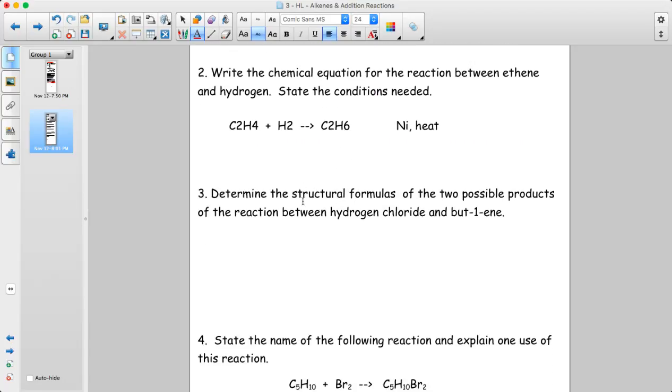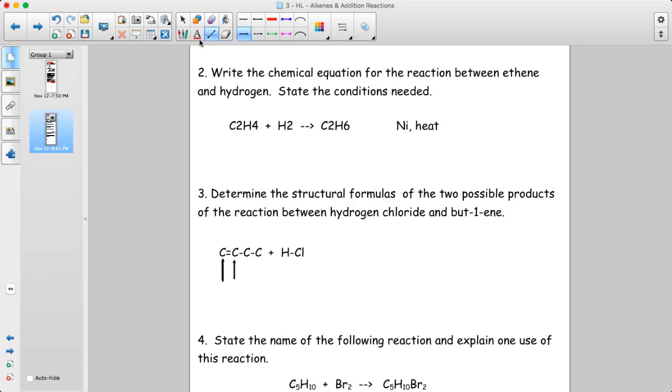Like in this one, determine the structural formulas of the 2 possible products of the reaction of hydrogen chloride and butene. Well, if it's butene, then you've got C to C double bond first, then a carbon, then a carbon, and you're going to add the HCl. Okay? The reason why there are 2 possible products is that the chlorine could add on to this carbon, but it could also add onto that carbon, and the hydrogen would add onto the other one.